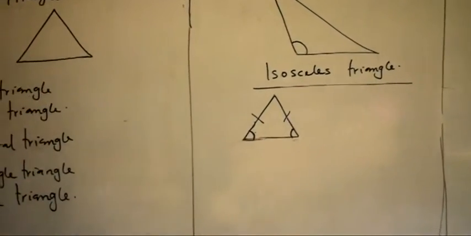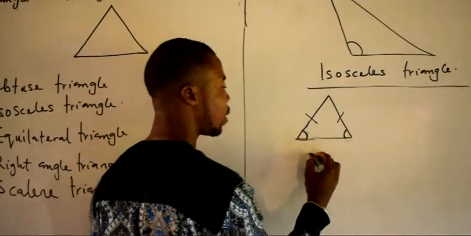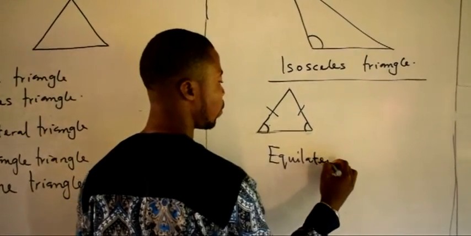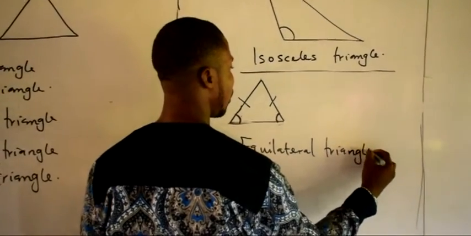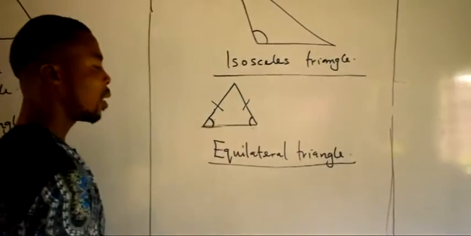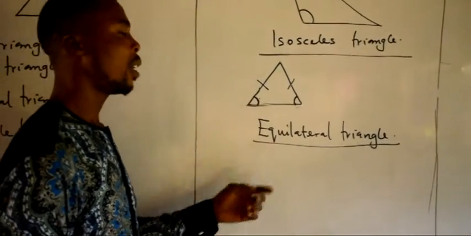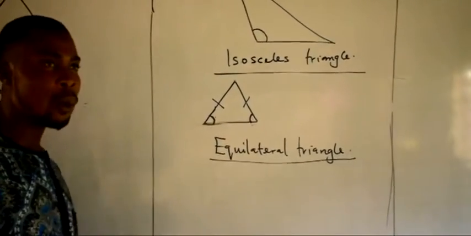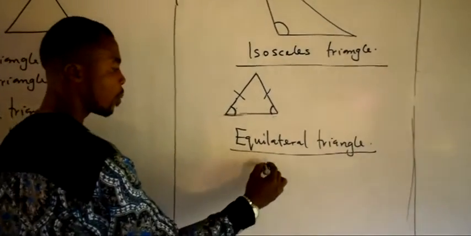Now I want to move to the next triangle, which is the equilateral triangle. From the word equal, it means all angles must be equal.